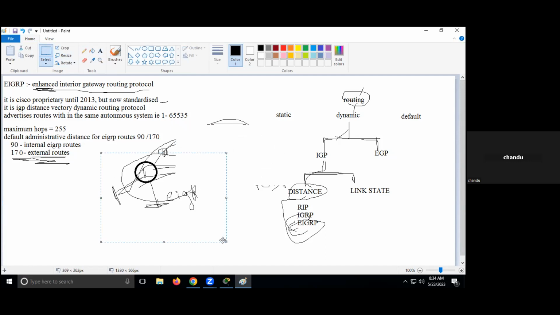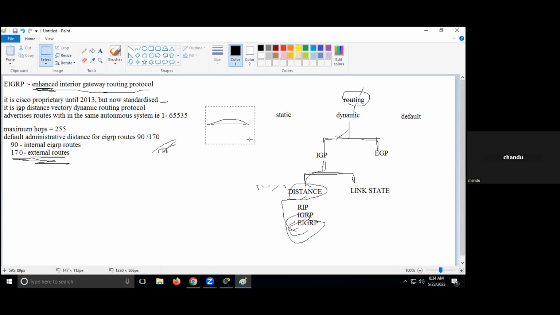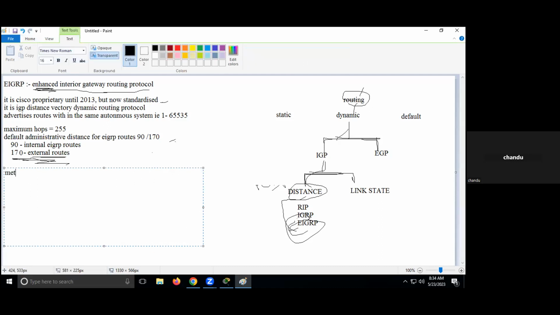EIGRP uses the Diffusing Update Algorithm, and according to this algorithm EIGRP calculates the best path, which is called the metric. The metric includes bandwidth, load, delay, MTU, and reliability.